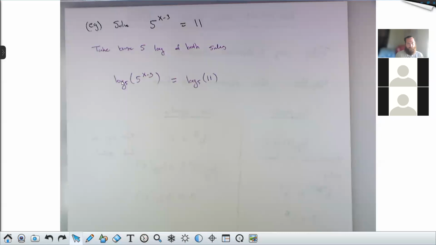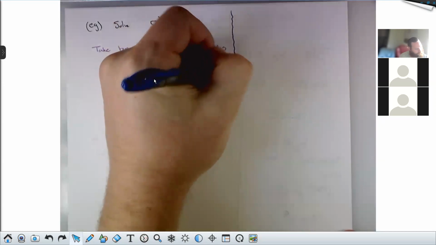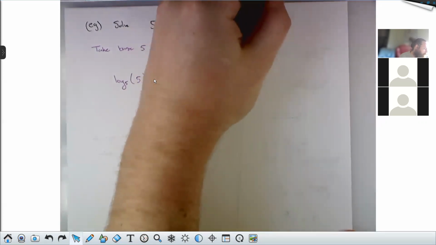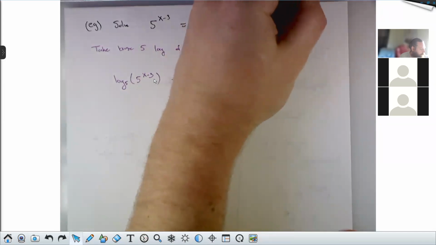And then the big deal here is that the base 5 log of 5 to something will always just be that something. So the more general way of writing that rule is that the log base b of b to some stuff will always just be that stuff.